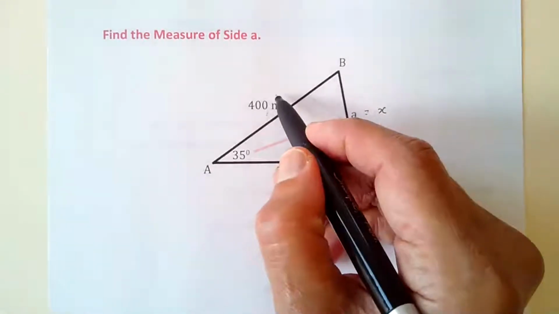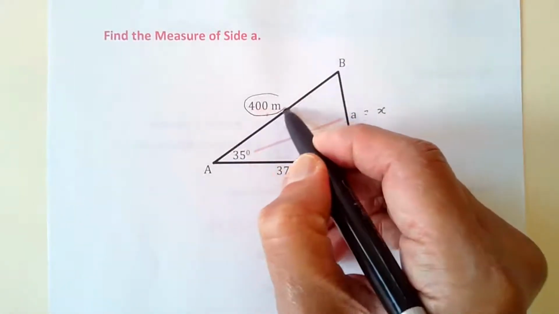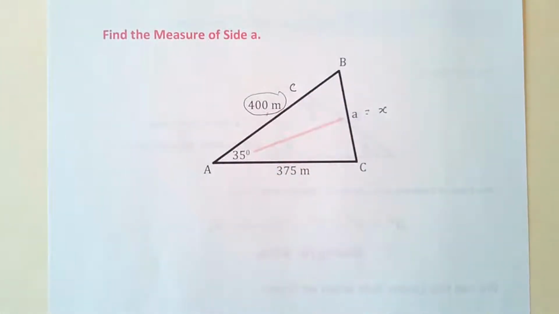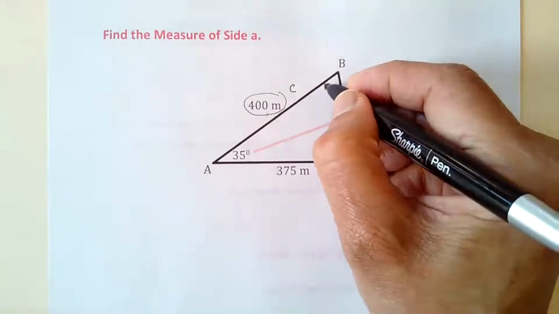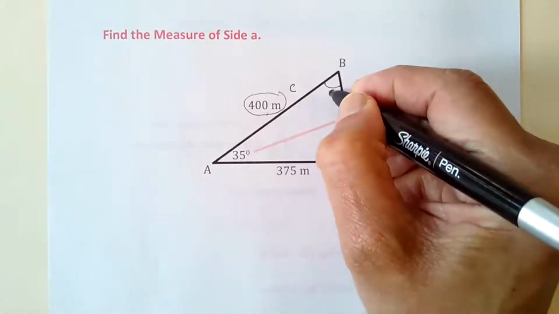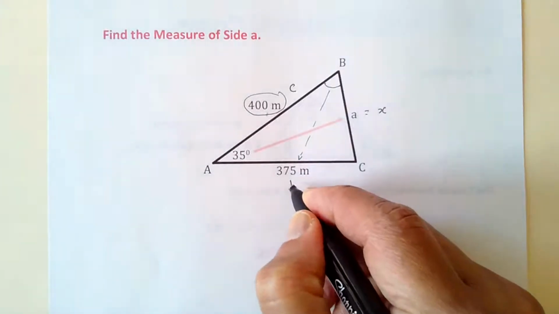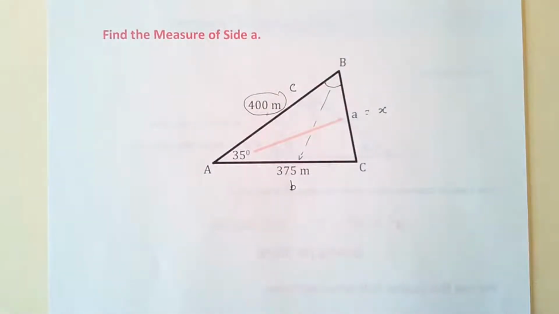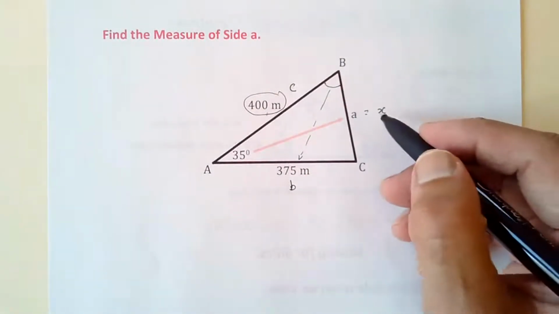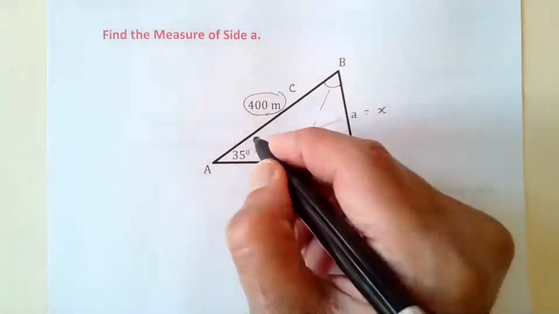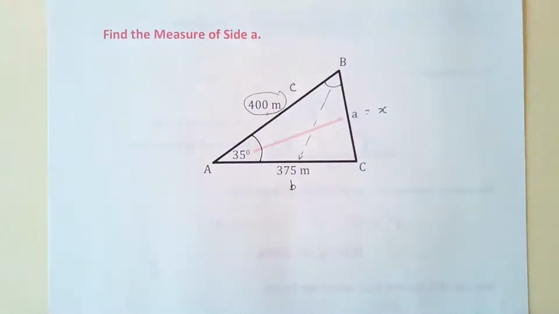We're given two sides: side c, and side b, because this is the side opposite the angle. And we're asked to find side a when given angle A.